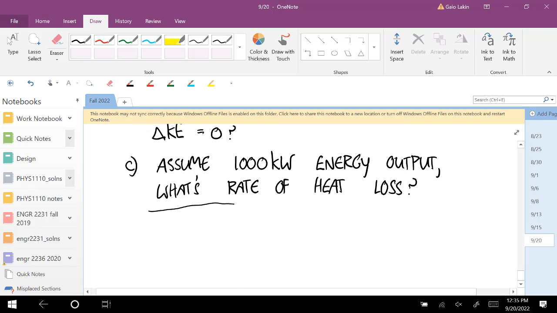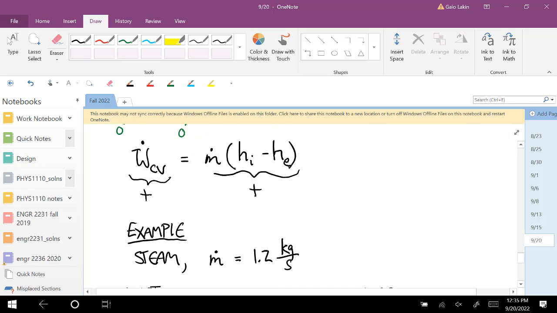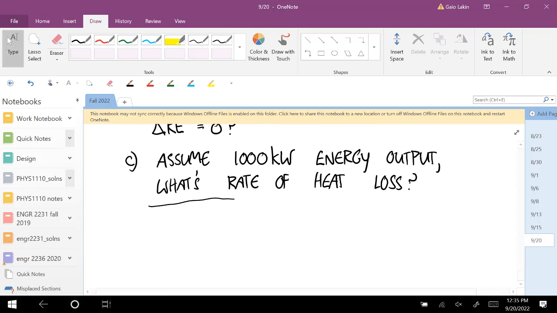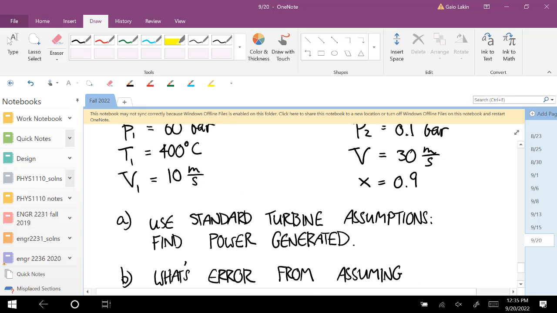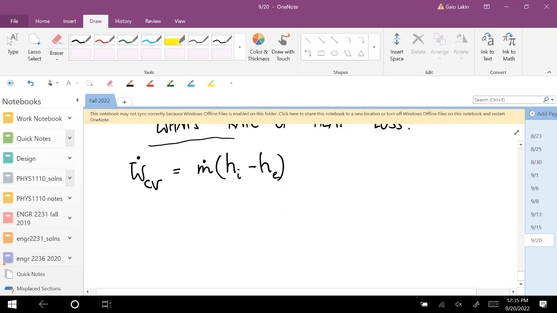Okay, so first we're going to make the assumptions of this standard turbine equation. So the work done by the control volume is equal to the mass flow rate times the specific enthalpy at the input minus at the exit. We are given a mass flow rate of 1.2.